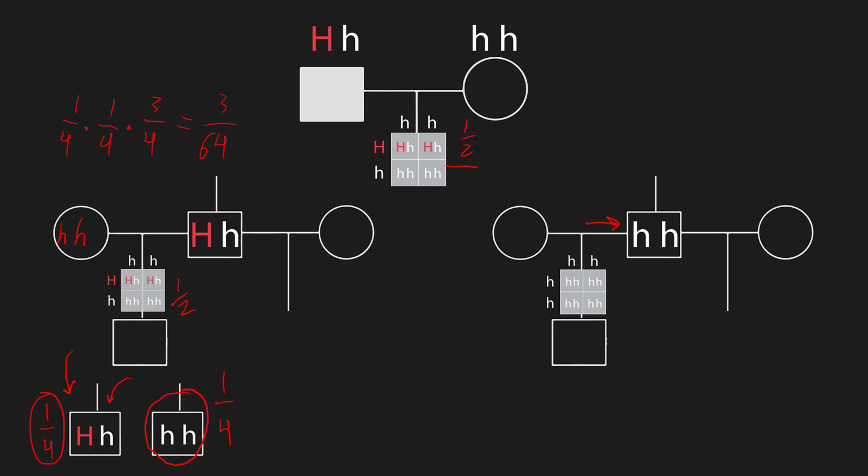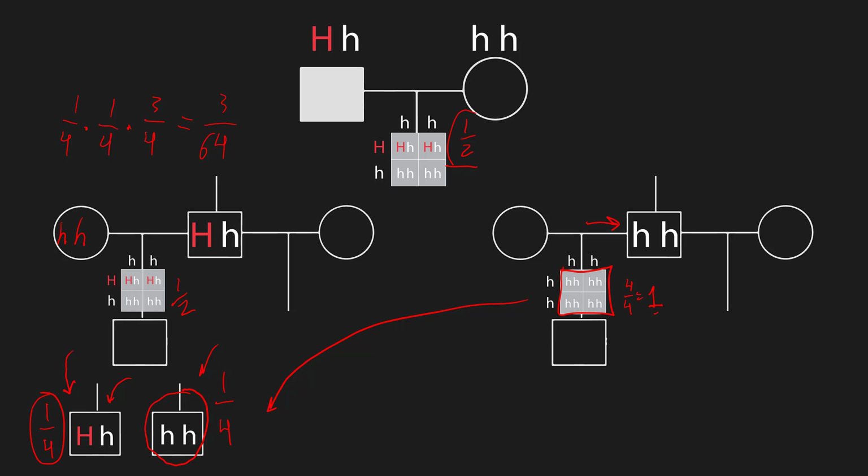Therefore, all of the individuals have this same genotype. All the possible genotypes are going to be the same as this one over here. And this is going to be 100%, or 4/4, which equals 1.